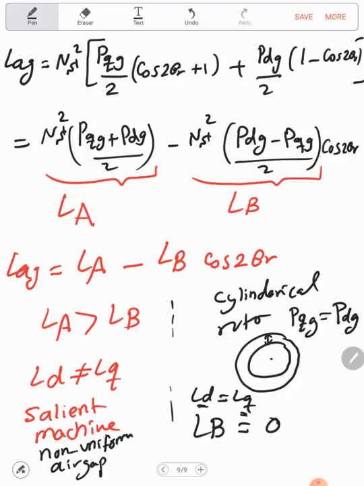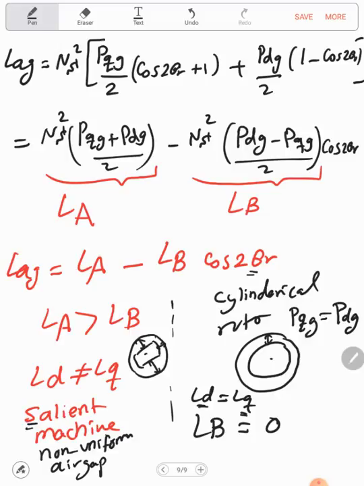However, here we are discussing a salient machine. In this case, the rotor is salient, so the gap is non-uniform. In this case, the self-inductance is also a function of the position of the rotor.